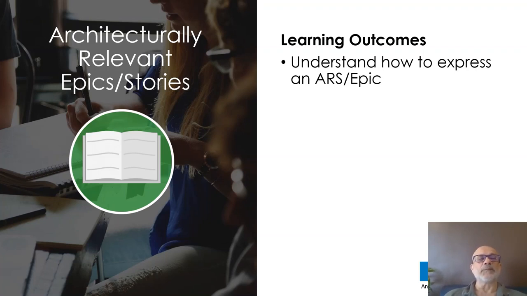I personally would prefer to just call it AREs, or architecturally relevant epics, because that's really the level that we as IT architects or enterprise architects would put our focus on.